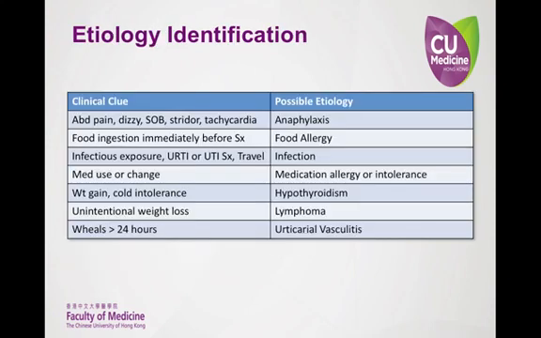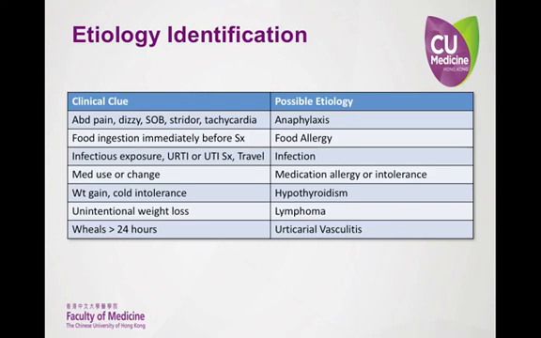It is important to assess clinical clues in the patient history or symptomology to help identify the cause. This table lists several clinical clues that may be helpful in identifying the possible etiology in patients with acute urticaria.